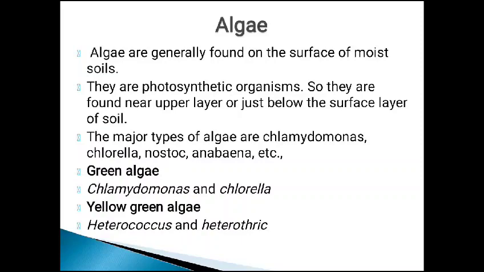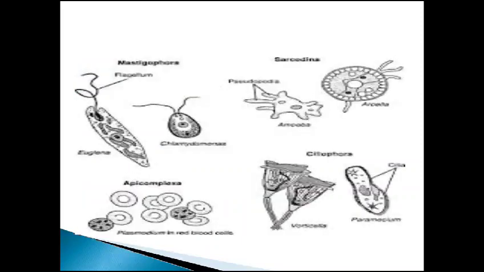They are photosynthetic organisms, so they are found near the upper layer or just below the surface layer of the soil. The major types of algae are represented in the picture.